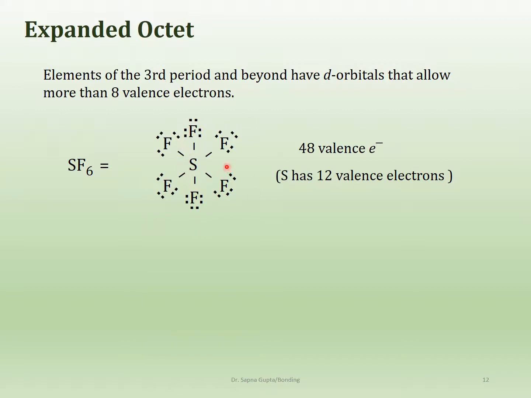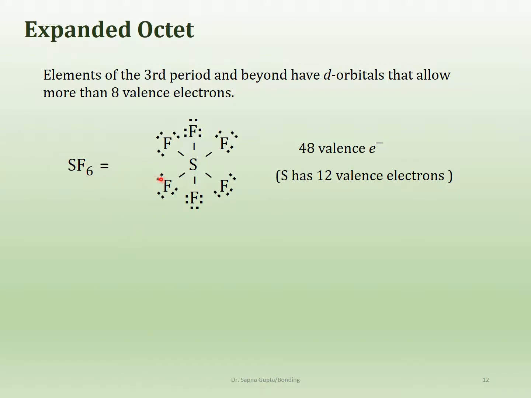So after bonding with 6 fluorines, sulfur has 12 electrons, the 6 bonds times 2. That means it has 12 valence electrons, which is 4 more than what it should have, because it should technically have 8.